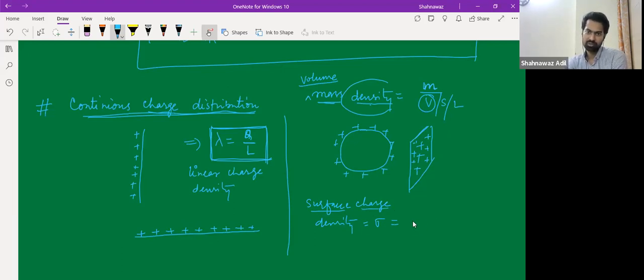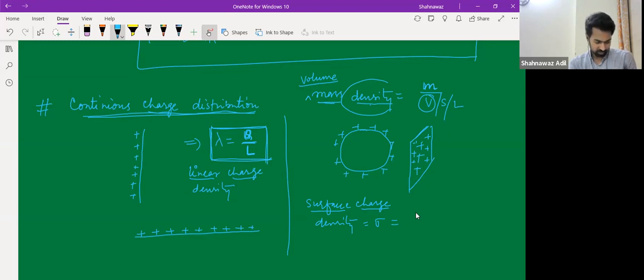Just take the analogy from linear: linear charge density is Q by L. So what would be surface charge density? Q by A. Yes, absolutely right.